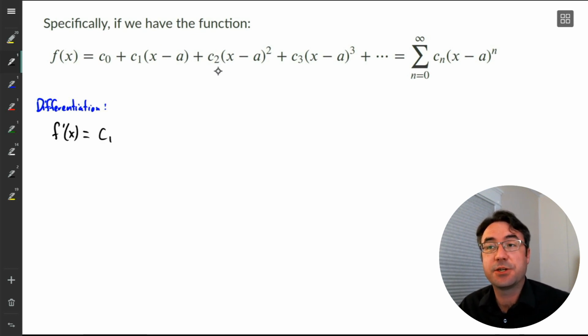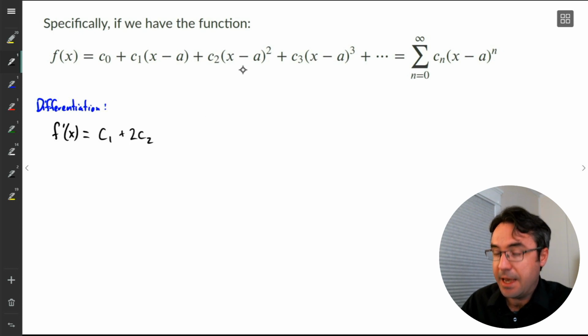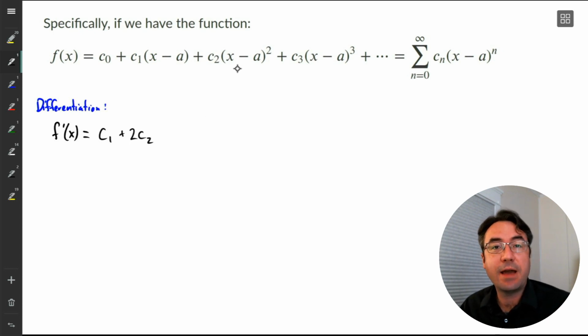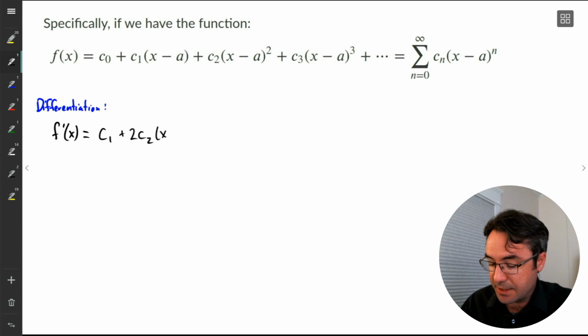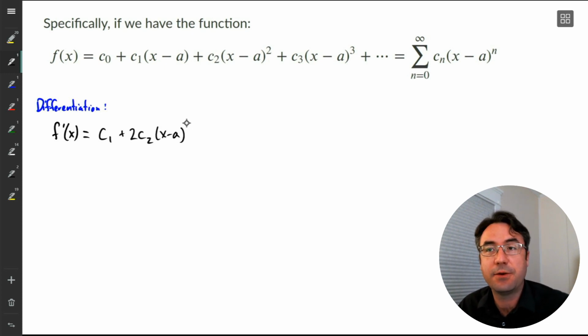Now we go to our next term, c2 times x minus a squared. We differentiate this using the general power rule. So bring down the 2, put it in front, and keep what we have inside exactly the same, x minus a. Subtract 1 in the exponent, so we go from 2 down to 1.